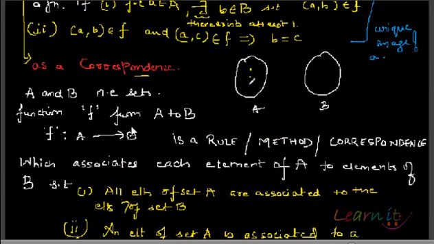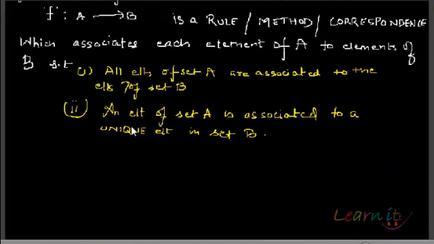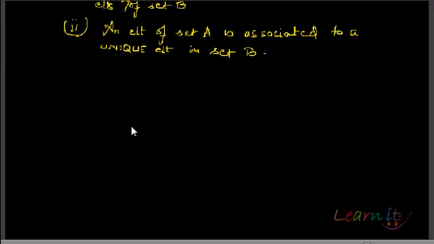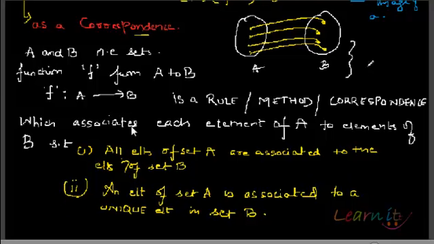So you have elements in A and elements in B, and there is an association from an element of A to an element of B, just like this. It's essentially like a mapping, a mapping of one element to another element in the other set.